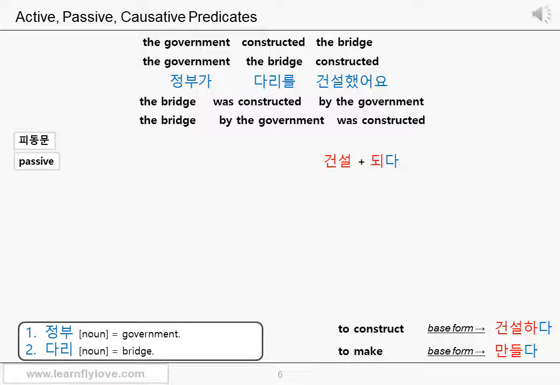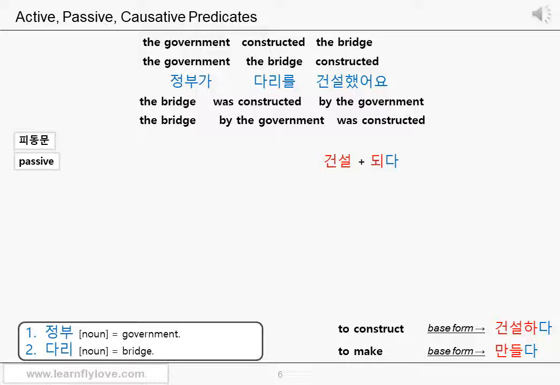You add a suffix, 되다, in order to turn the verb 건설하다 into the passive. Yes, 되다 is called a suffix, but it doesn't really matter whether you call it a suffix or assistant predicate. It means nothing to us. Anyway, you use 되다.